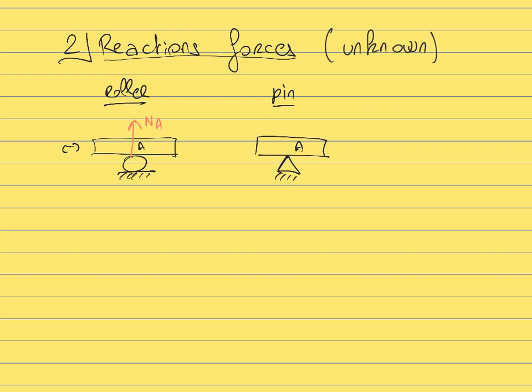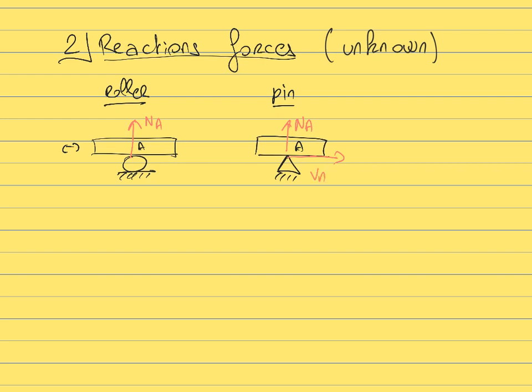So in this case, since the pin prevents the vertical motion of the body, it is still applying a normal force at the point A, a normal reaction force. But since it is also preventing the horizontal motion, there has to be a force that opposes this motion.